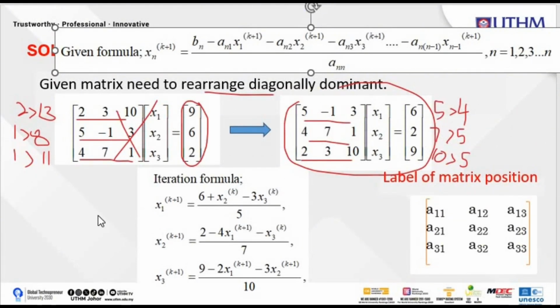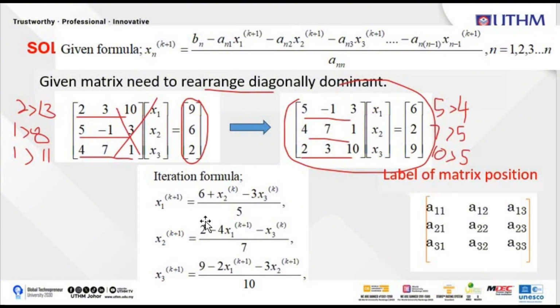If you look at here, we have a 3 by 3 matrix. So the first thing you need to know is the labeling of the matrix positions. This is A11, A12, A13, A21, A22, A33. This is just a label of the matrix position, not the numbers of the matrix.